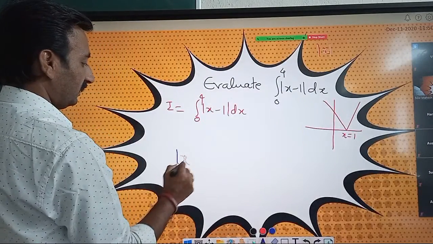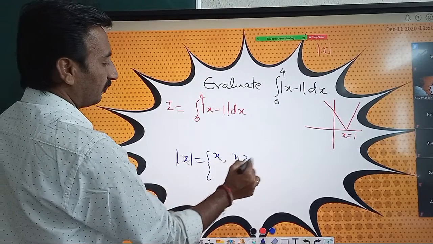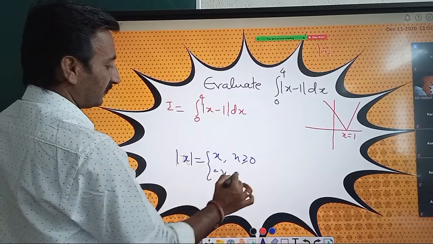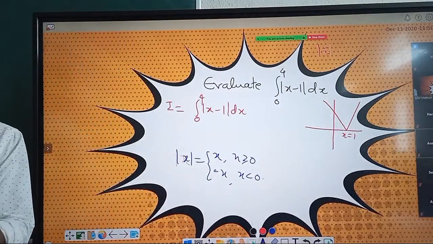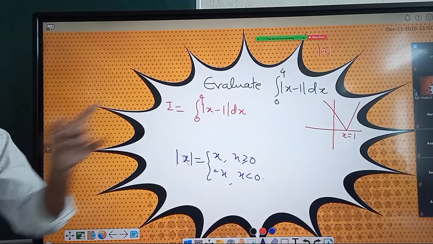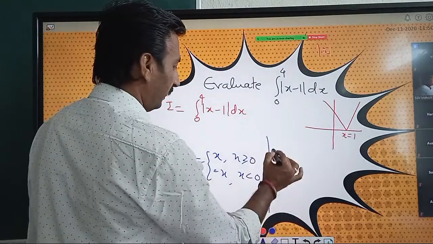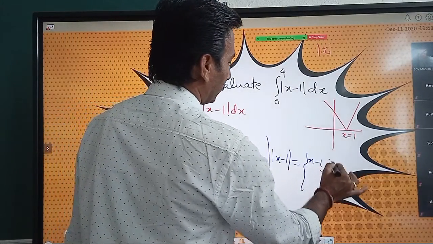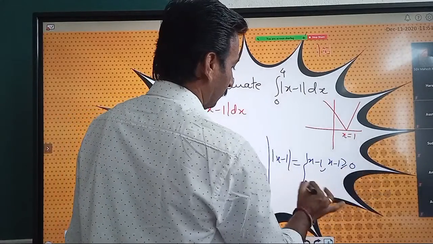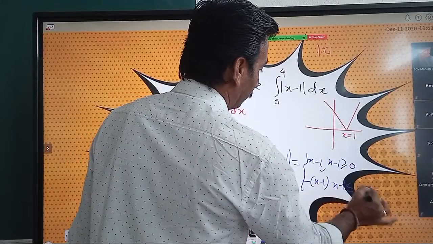So this is mod x. How do you define it? It is x for x greater than or equal to 0, and minus x for x less than 0. Suppose you substitute x minus 1 in place of x. What you get is the modulus of x minus 1 will be x minus 1 when x minus 1 is greater than or equal to 0, and minus of x minus 1 when x minus 1 is less than or equal to 0.